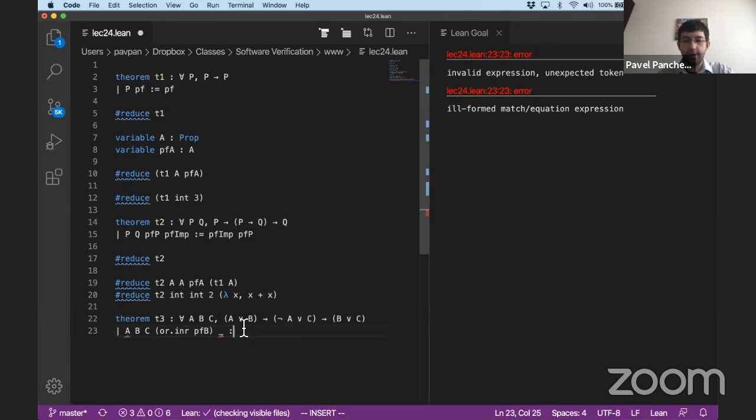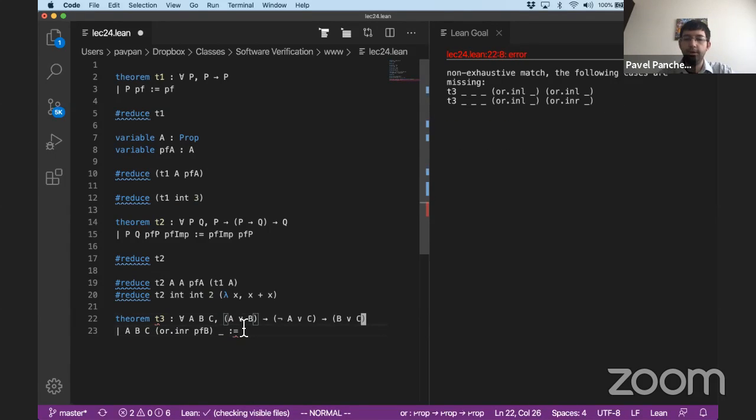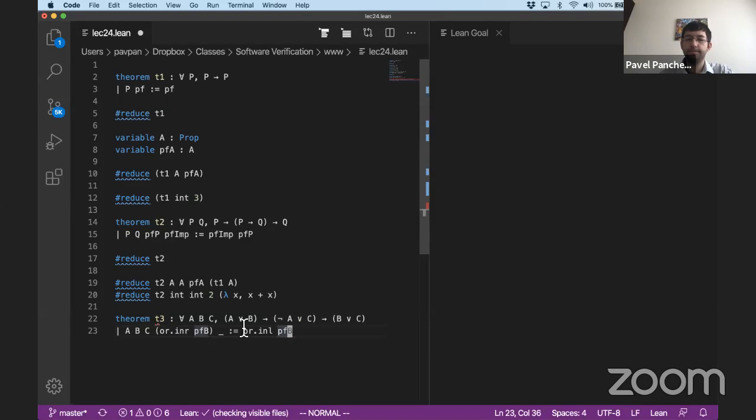And in that case, we know enough that we can prove B or C, because we have our proof of B, we just need to introduce the or with a proof of B on the left. That's good. This deals with one case, which is if our proof of A or B specifically proves B.